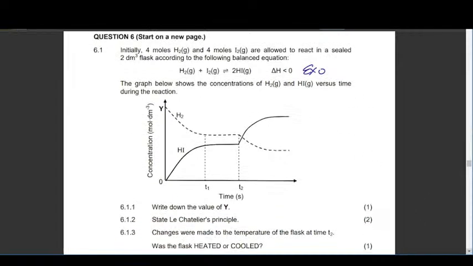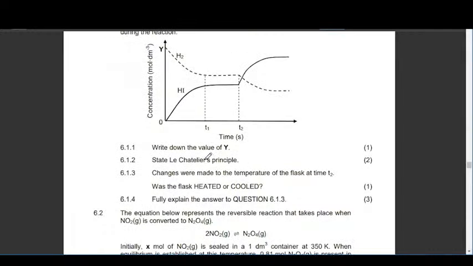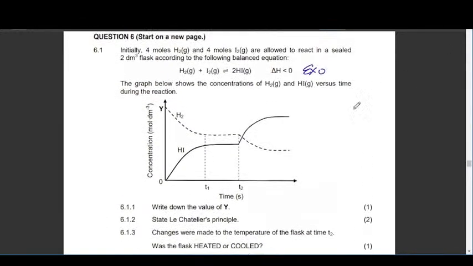All right. Question 1, write down the value of y. The value of y is 4 divided by 2. So basically it's going to be 2 moles per decimeter cubed. Yes.